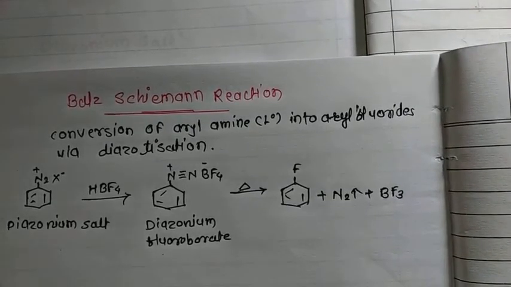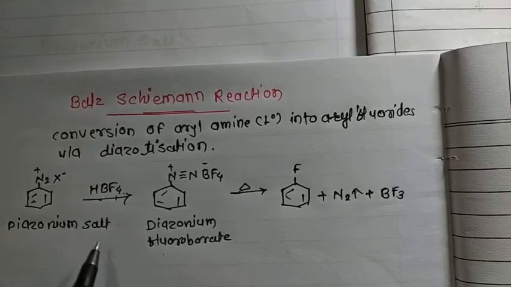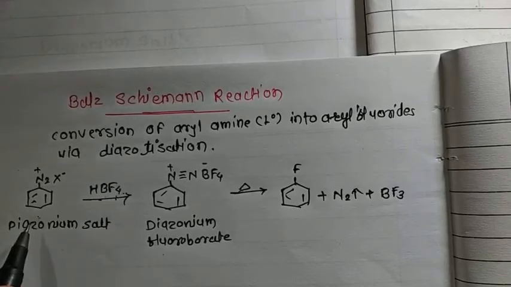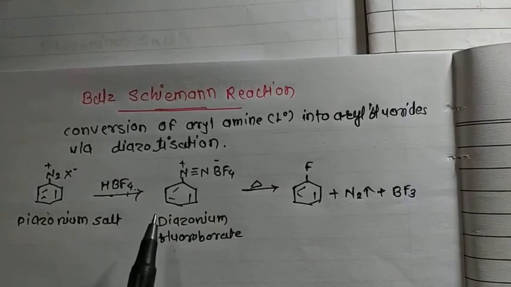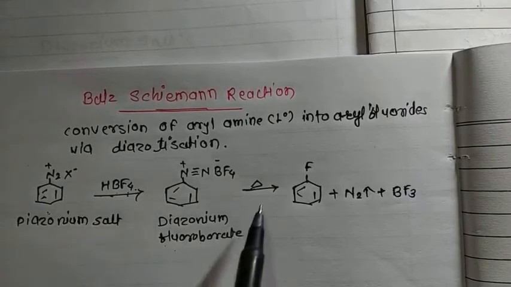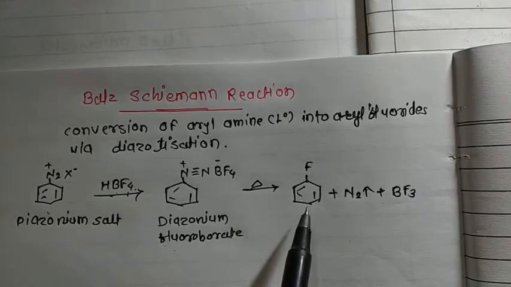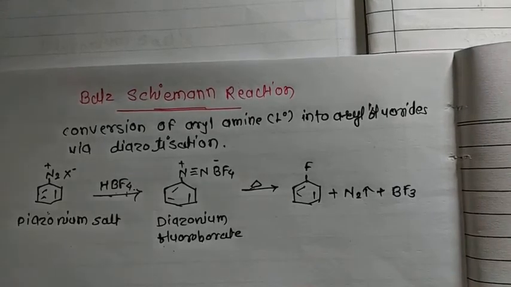So this is a Balz-Schiemann reaction, where we can say that when fluoroboric acid is added to diazonium salt, it gives diazonium fluoroborate, which on heating decomposes to aryl fluoride plus nitrogen gas and boron trifluoride. Okay, so this is a Balz-Schiemann reaction.